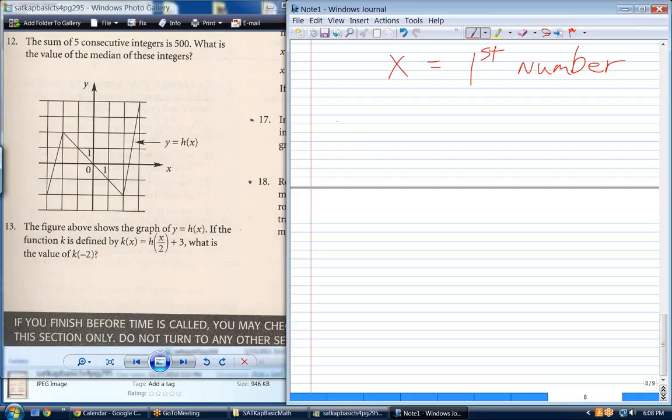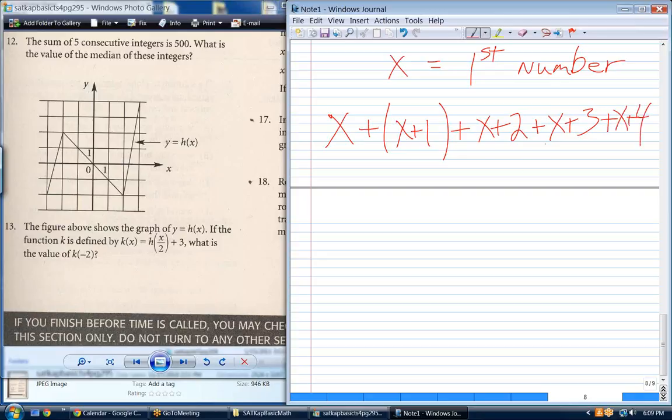If x is the first number, what's the second number? 5 consecutive numbers, not letters. x plus 1. Okay. Then x plus 2, x plus 3, x plus 4, and that's it.